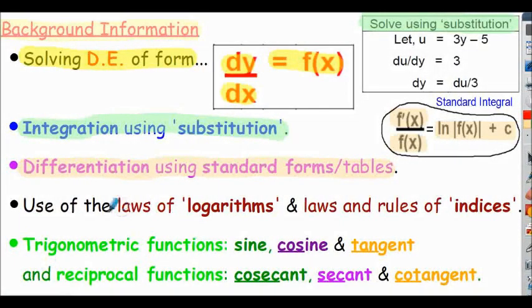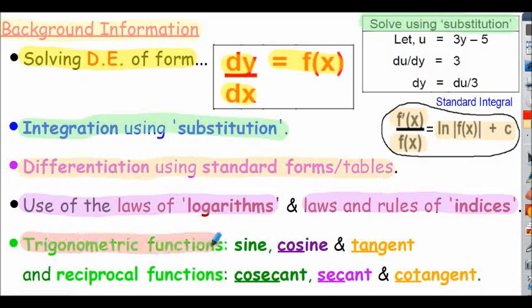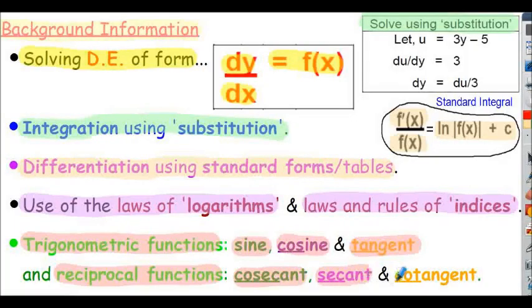Within some questions we will also have to make use of the laws of logarithms and the laws and the rules of indices, and also be aware of our trigonometric functions. We're quite familiar with sine, cosine and tangent, but we also need to be aware of their reciprocal functions, cosecant, secant and cotangent, often referred to as cosec, sec and cot respectively.